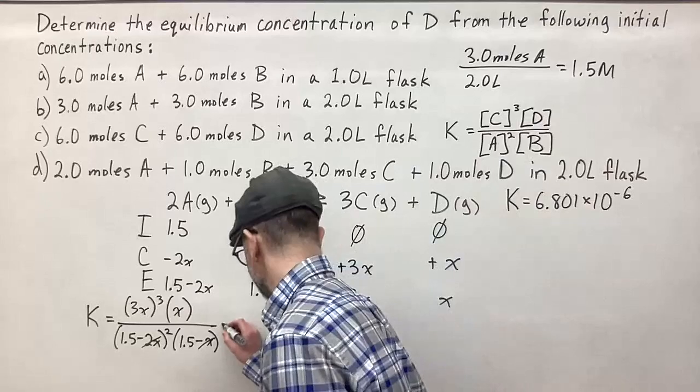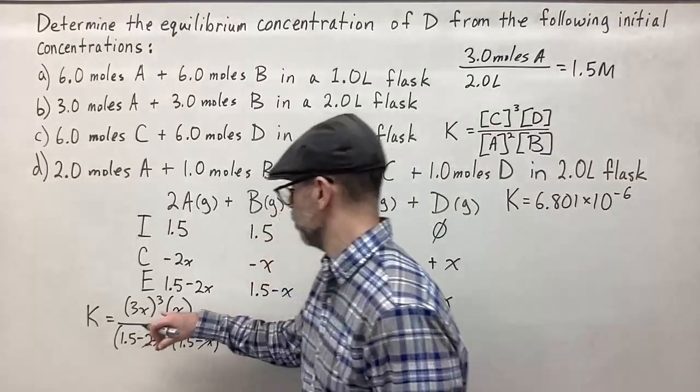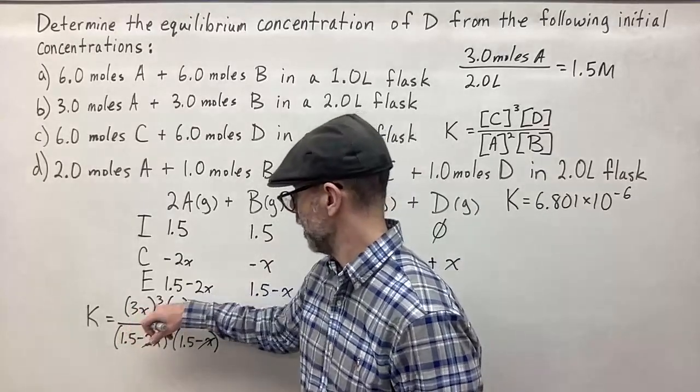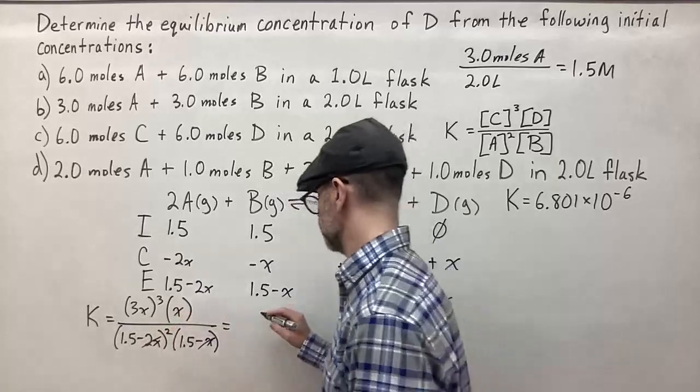So now we can again simplify this. 3 cubed is 27. x cubed times x is x to the 4th.